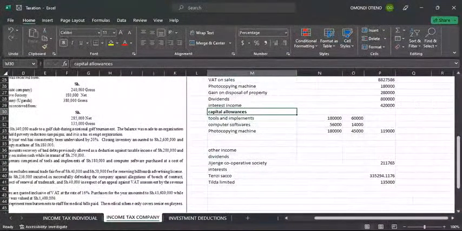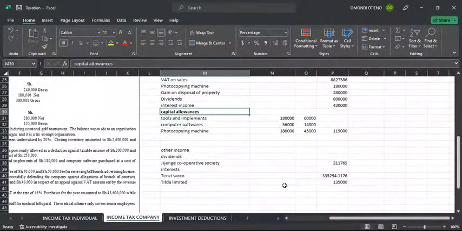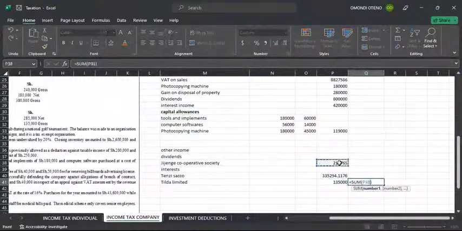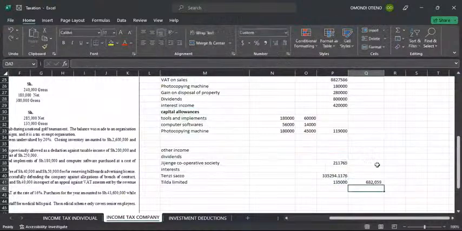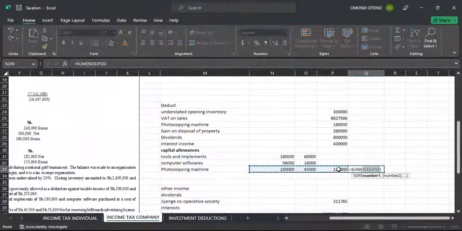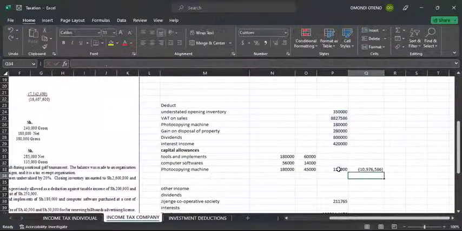So once we have this, we can get the summation of other income in this column here. We add these three. All these items here were being deducted. So we deduct, we get all these figures deducted. And of course, we need to see a negative there.